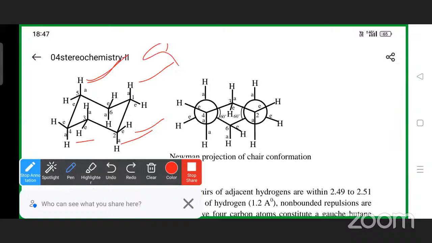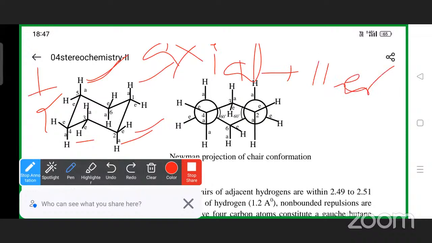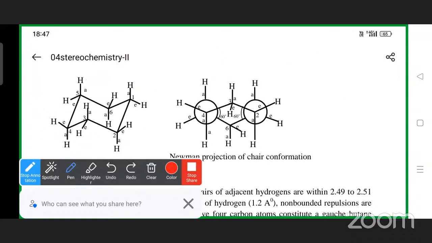These are the axial bonds, they are parallelly oriented, and these are the equatorial bonds, meaning the perpendicular ones. So based on the position or orientation of the bonds, we classify these two types of bonds as axial and equatorial.